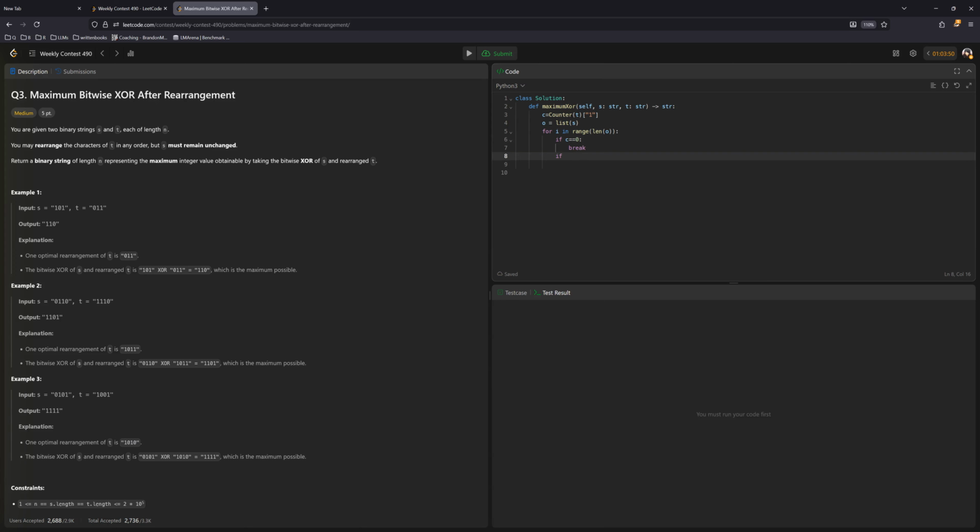Otherwise, if O of I equals 0, then in that case, O of I equals 1 and C minus equals 1, right?